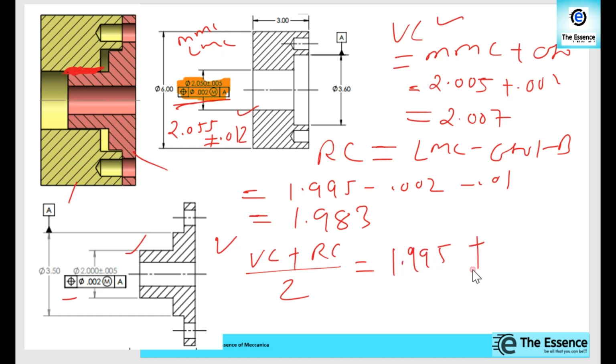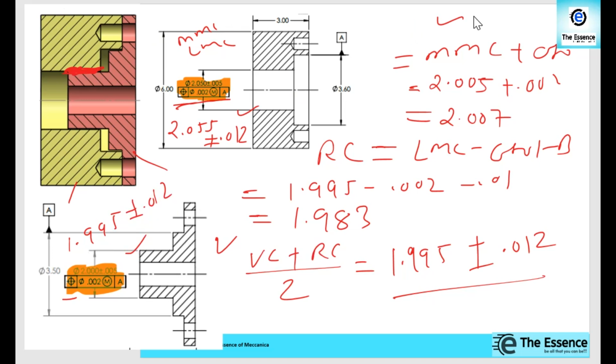If we calculate, the tolerance will be coming 0.012 plus or minus. So this we are going to consider into the tolerance stack up analysis. So we remove this, and instead of that we are going to use 1.995 plus or minus 0.012. That will be our value that we consider into the tolerance stack up analysis. Let us prepare the stack up table now.